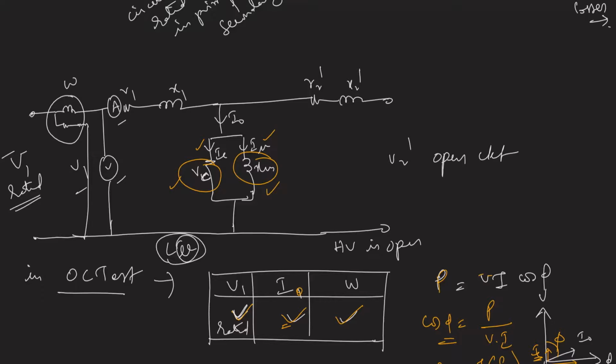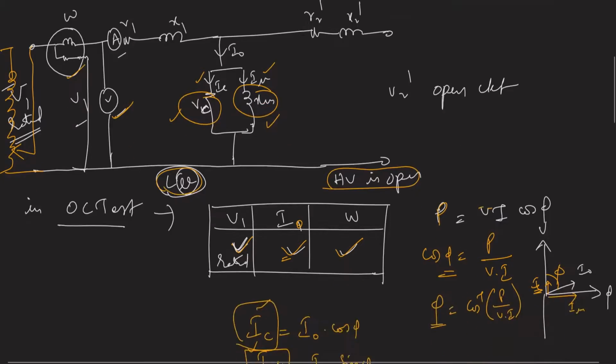So we keep a variac here, and we bring this variac voltage to the rated value and then take the readings. So normally the measuring instruments are kept on the LV side and HV is open. That is what we need to know.